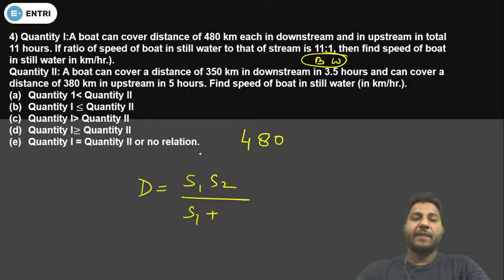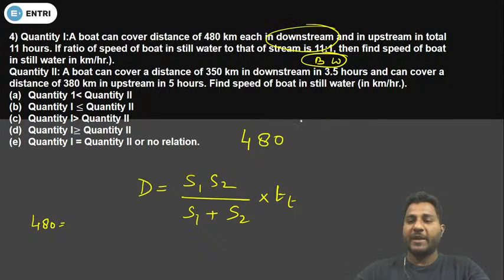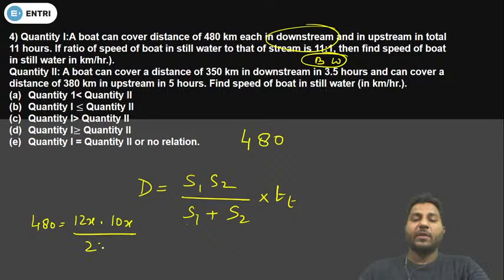So 480 equals S1, where S1 means the first will be of downstream. That means this ratio will be added and it will become 12x. The second ratio will be subtracted, that means 10x. So 12 and 10 will become 22x.